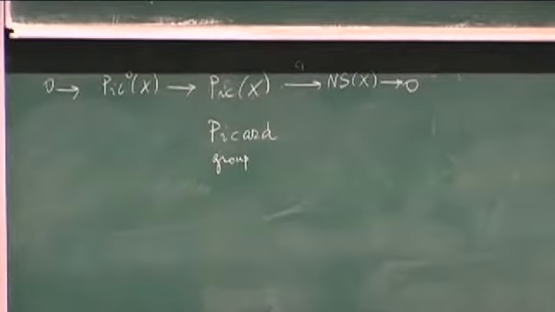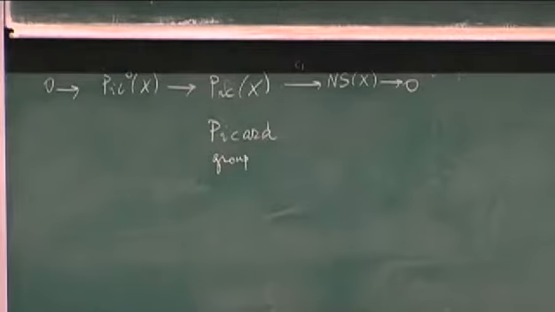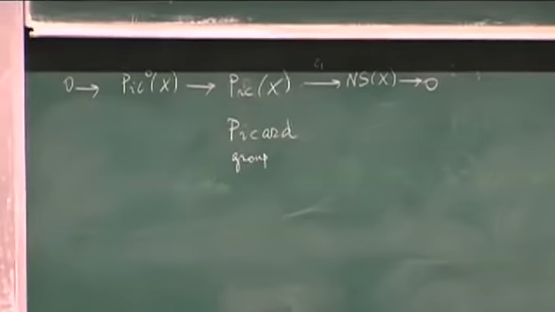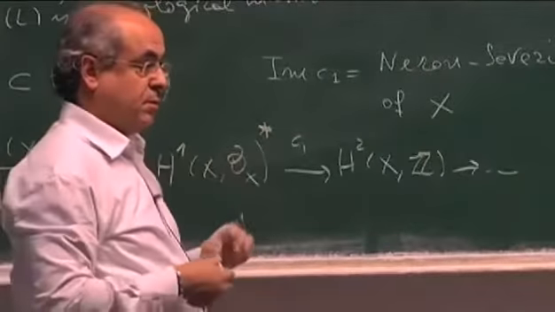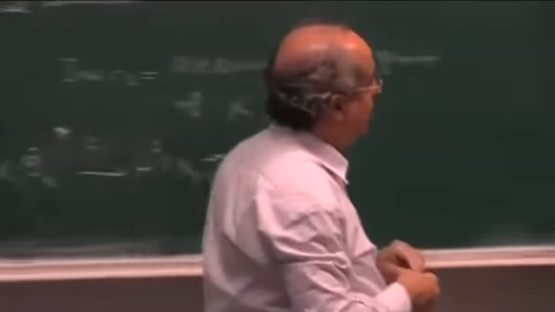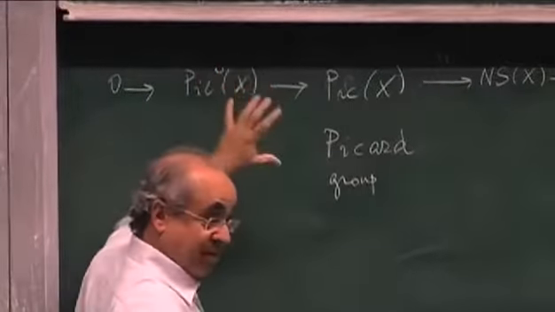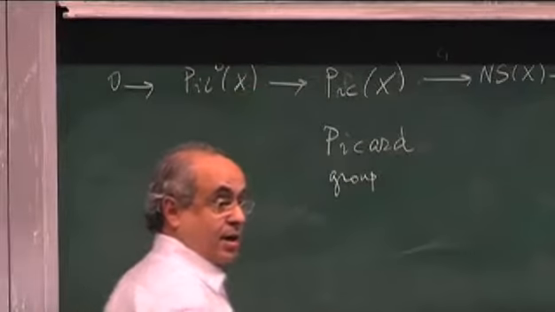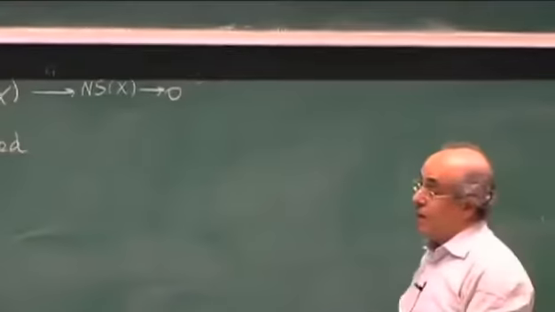And here we see that Pic 0, note that it is a group. It's an abelian group because it is the quotient of two abelian groups. And it classifies line bundles having the same first Chern class. So if you fix the first Chern class, you have a whole space of line bundles which are different, non-isomorphic, and correspond to that first Chern class.